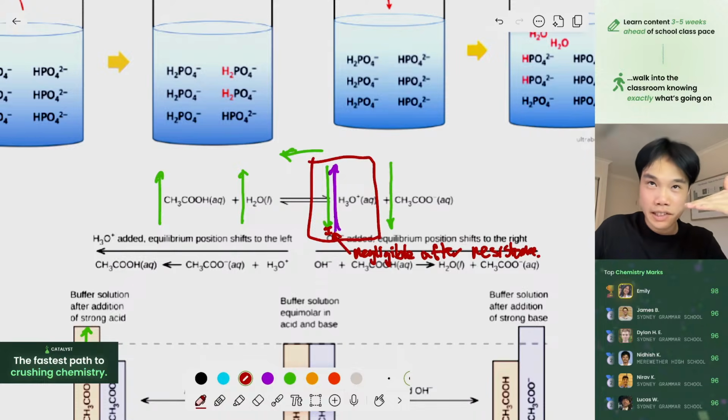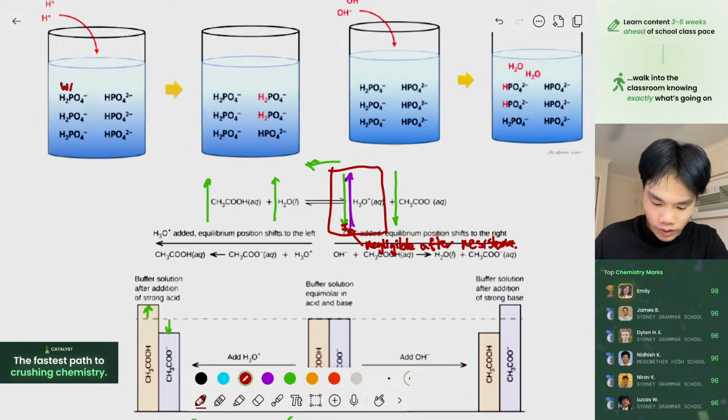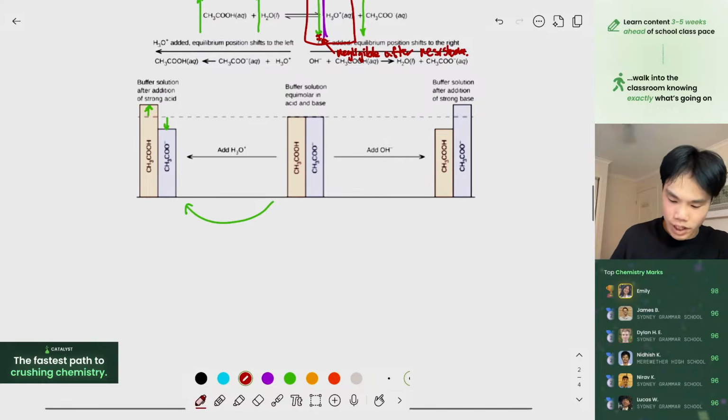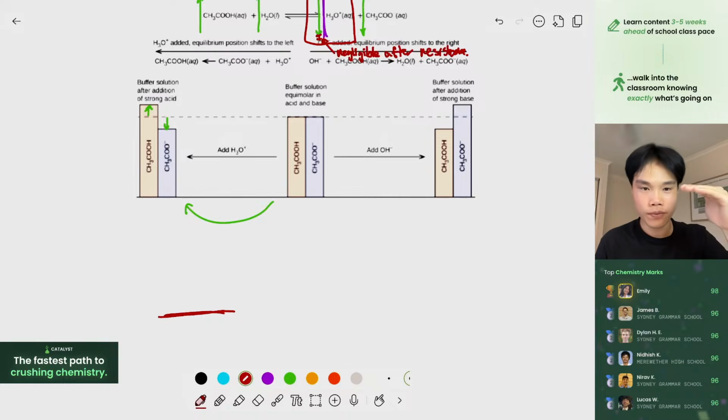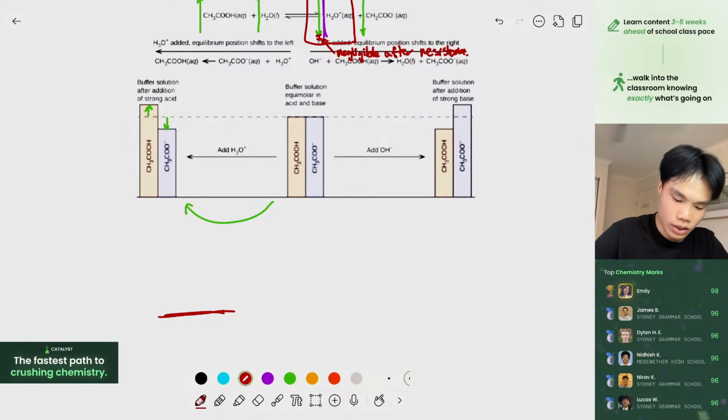It's slightly risen, ever so slightly, but in the grand scheme of things, the pH hasn't really shifted that much. And so if we were to show this on a titration curve, this would be a portion within the buffer region where it's pretty much flat. It's rising ever so slightly, but not really. And only when you start to get to lower concentrations of acetate and you start to run down the buffer, and in fact you start to exhaust it, that's the point where you start to see steeper increase.